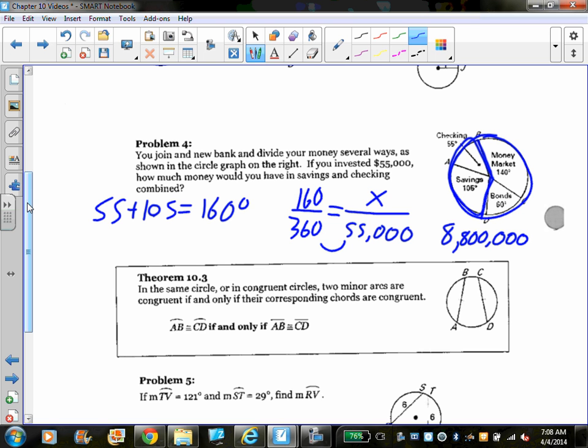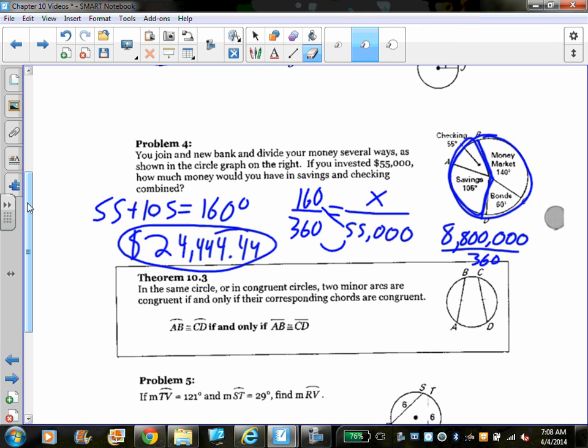Well, not dollars. This is an intermediate step. We've multiplied these two, and now we're going to divide that by 360 to get the amount that is in those two parts. Divided by 360 gives us about $24,444.44. So there you have it. That is approximately how much money has been put into checking and savings.